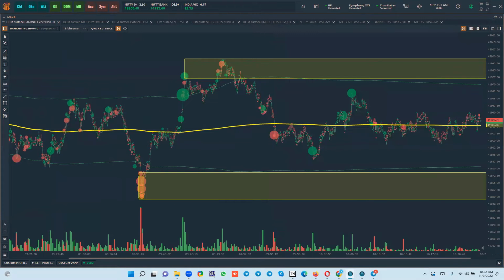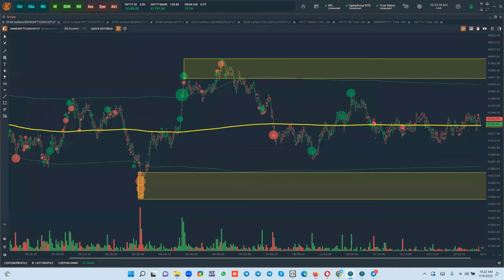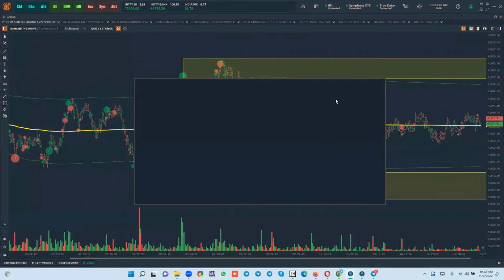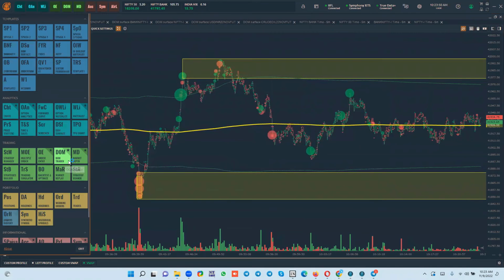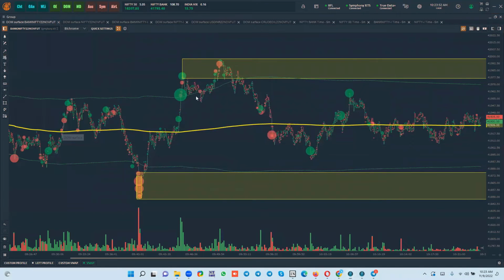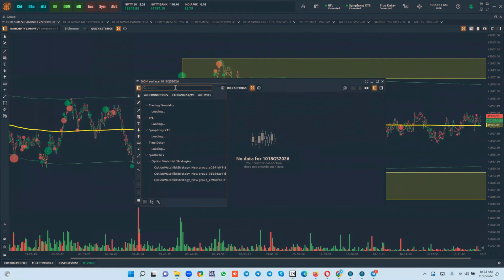Next is, please show how to add this in USD INR instrument. So it is very simple. You just have to open the dome surface chart. You click on dome surface, type USD INR, provided you have access to that.